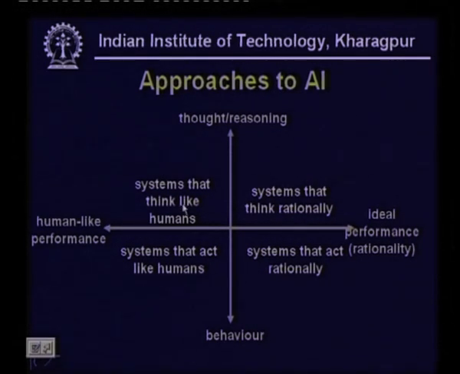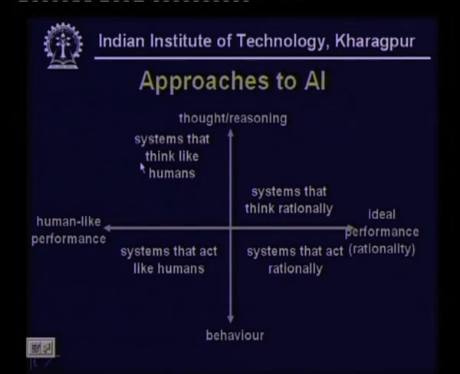So there are systems that think like humans. For example, we will discuss the famous Turing test, which was devised by Alan Turing, where a system which passed the Turing test would be a system that behaves like a human or thinks like a human.